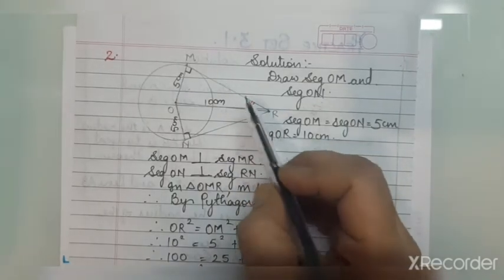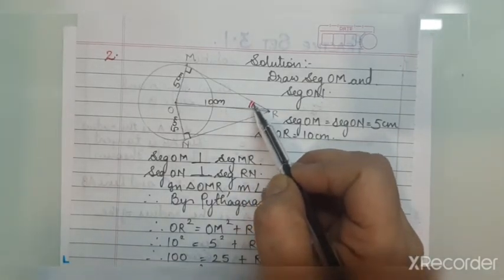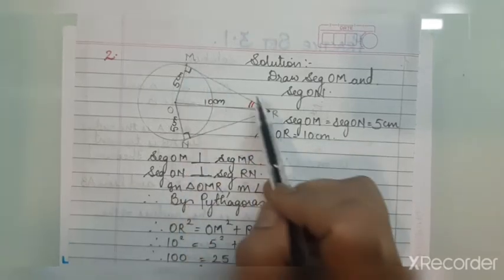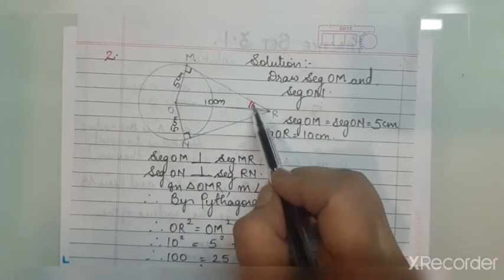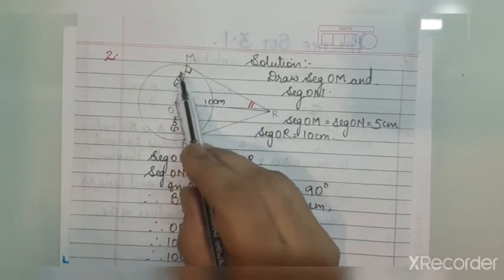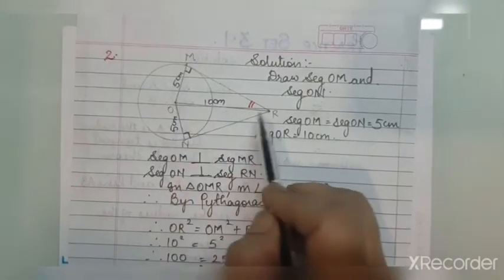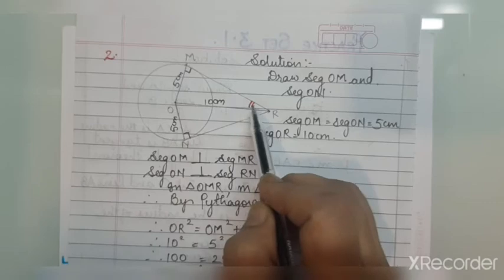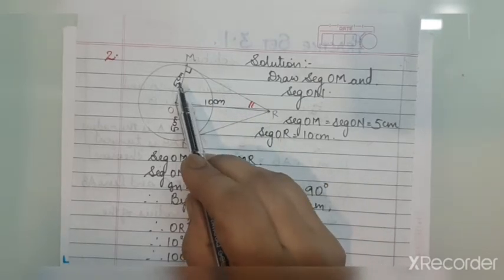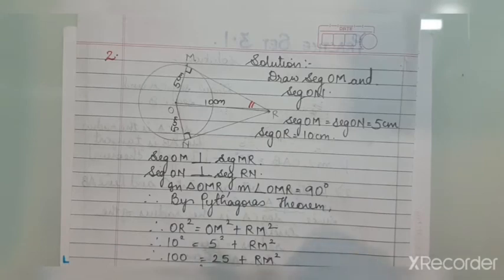Please see properly here. We have to find this particular angle which I have marked, MRO. The side opposite to that angle is 5 centimeter and the hypotenuse is 10 centimeter. So the side opposite to this particular angle is half the hypotenuse.